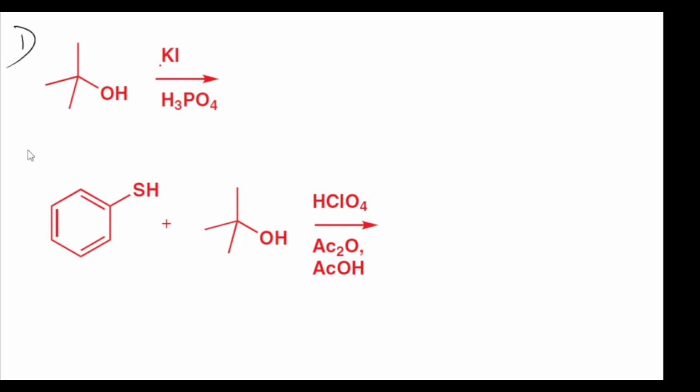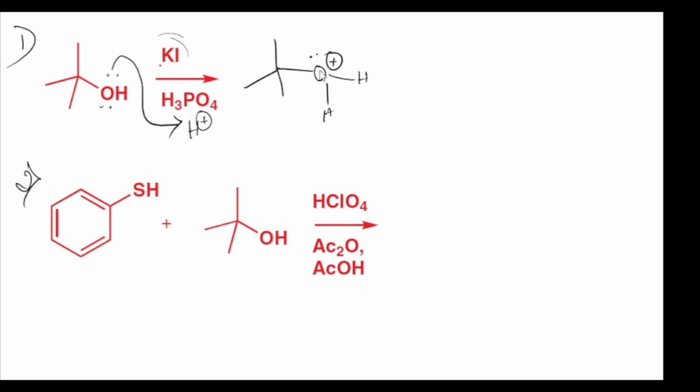Okay, this is the first one and this is the second one. Now what was happening over here? We are giving tertiary butyl alcohol, and here potassium iodide is there, and here phosphoric acid is there. Acid means what? It will give H plus. The lone pair on oxygen will attack this proton, and we will get something like this: here hydrogen, one lone pair, one positive charge.